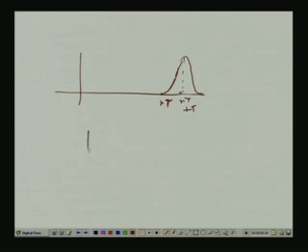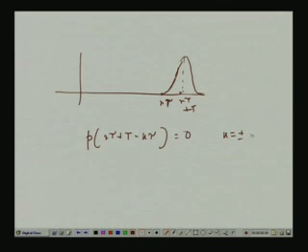That means p of the center point minus k tau should be equal to 0. k can be both positive and negative. This is called the zero forcing condition.